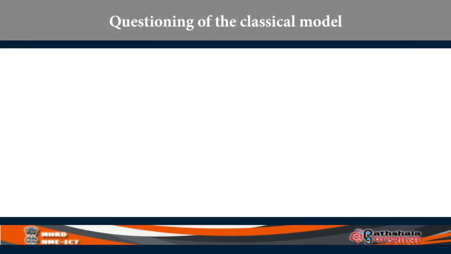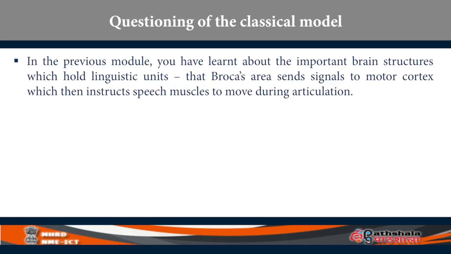The classical model of brain-language relationships, about which you would have picked up a little from the previous three modules, is that Broca's area is in charge of production, Wernicke's area is in charge of comprehension, and that there is a connection between Broca's and Wernicke's area through the arcuate fasciculus.